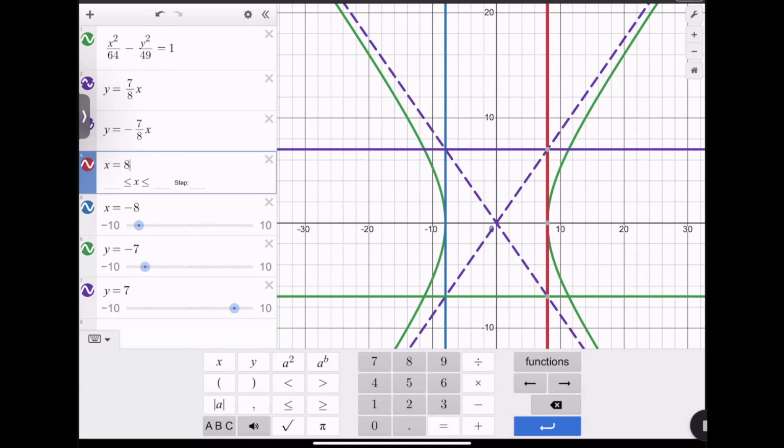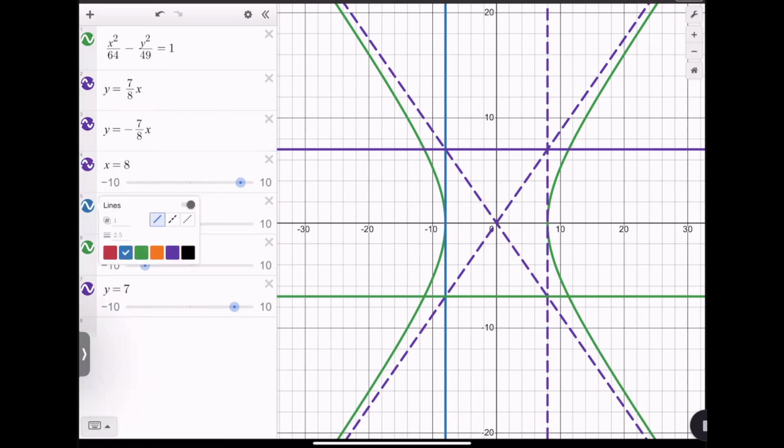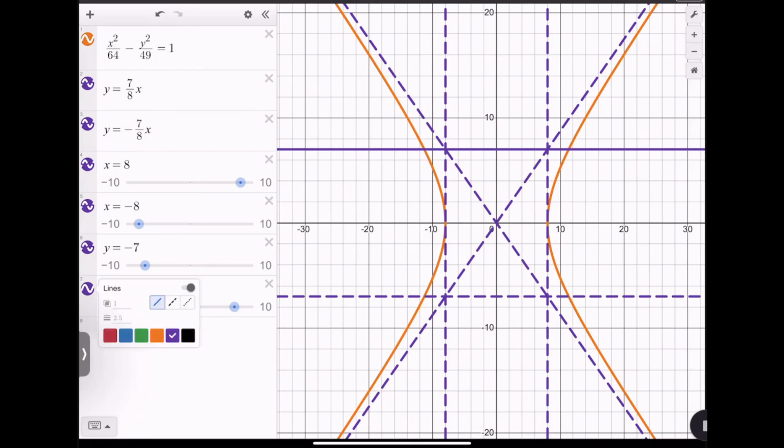You can always change these to dotted lines and keep it all the same, and maybe this line here go orange so it's a lot brighter. Oh, there's one that I didn't do. Maybe something like that might keep everything less distracting.